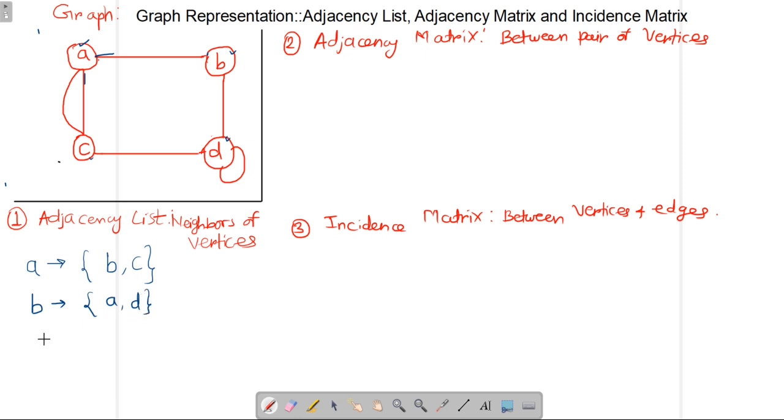For vertex C, the neighbors are the connected edges. For vertex C, A is connected and D is connected.